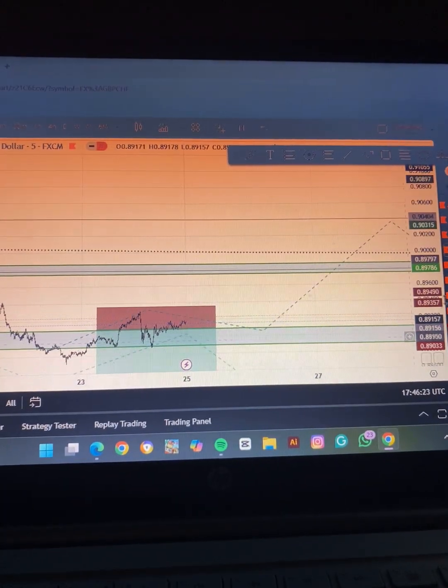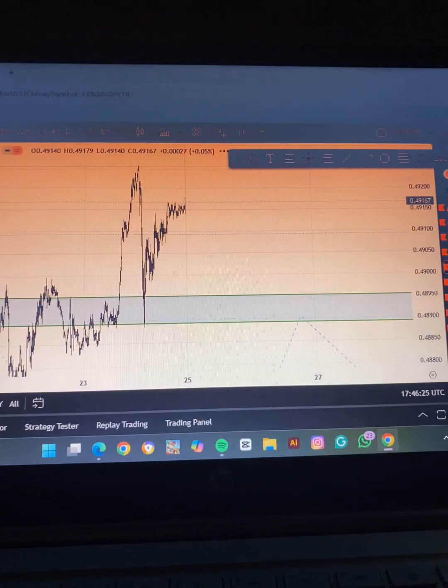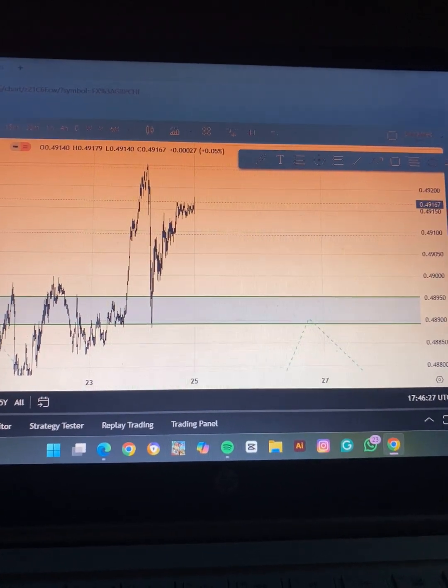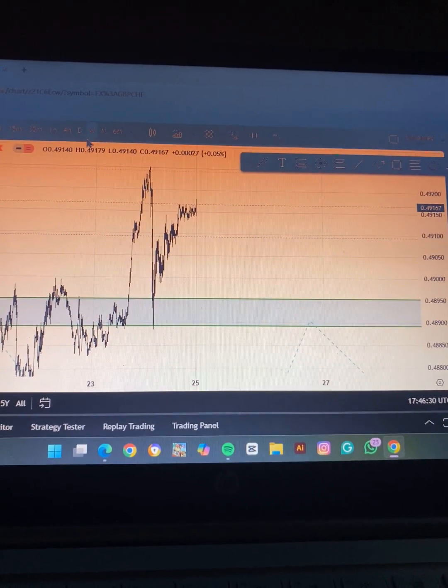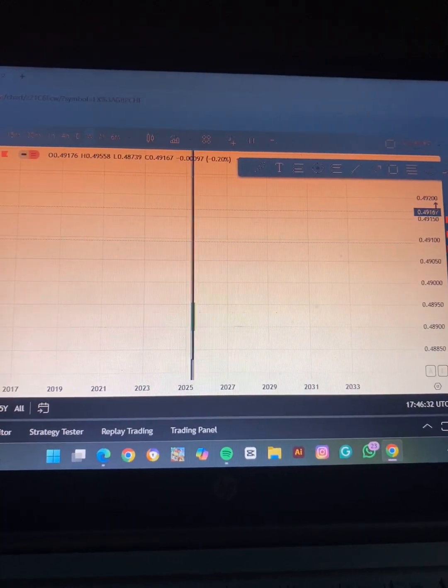Then NZD/CHF. Let's look at it from the weekly to understand what I'm looking for.